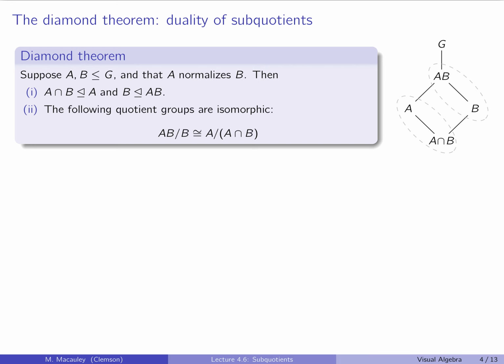Here is the formal statement of the diamond theorem. Suppose A and B are subgroups of G, and that A normalizes B. Recall what that means.